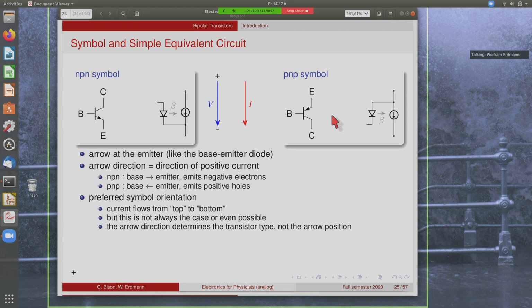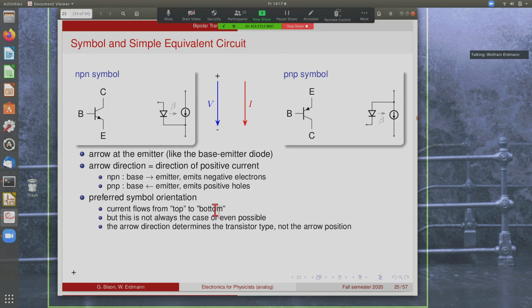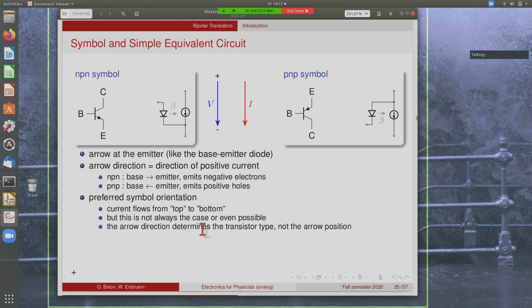Sometimes it's not clear at the time you design a circuit what the direction of currents will exactly be. So to be sure, you have to look at the arrow direction here to know which type of transistor it is, and not at the arrow position. So normally the arrow would be here at the top for a PNP and at the bottom for an NPN.